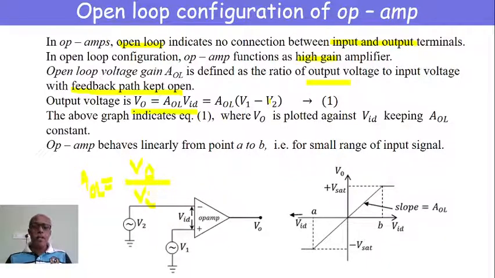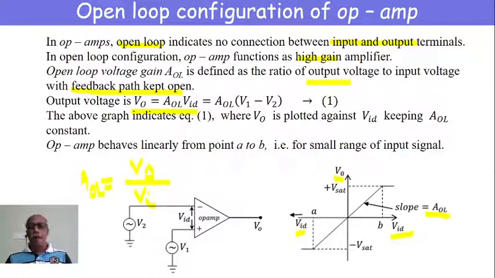And we have plotted VID against VO. VID is taken along the x-axis, and VO is taken along the y-axis. The variation of VO versus VID is a straight line, that is linear, the slope of which gives the open loop gain, AOL.